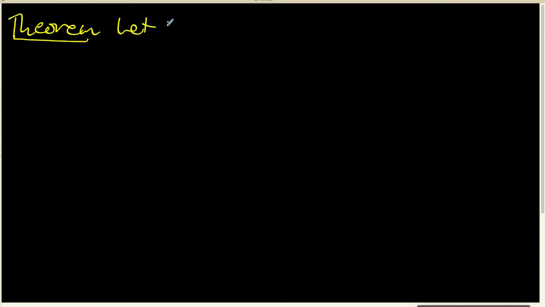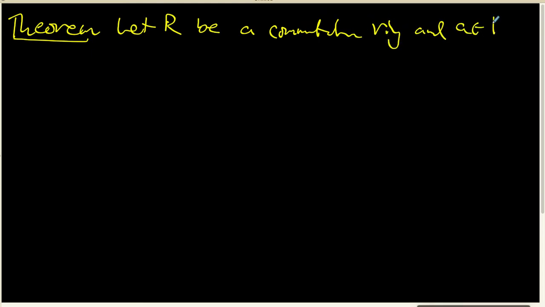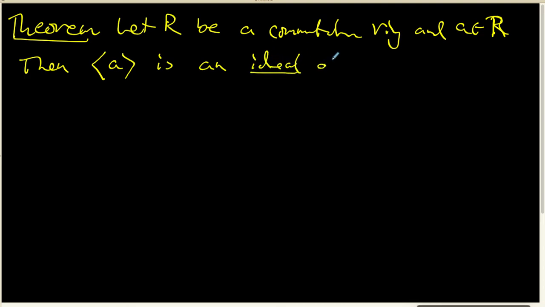If we let R be a commutative ring, and A is an element of R, then it turns out that the principal subset generated by A is actually an ideal of R. And as a notational note, we usually refer to the principal subset generated by A.